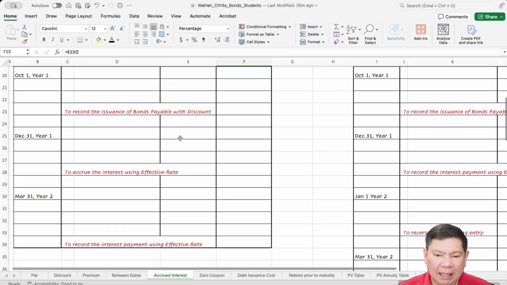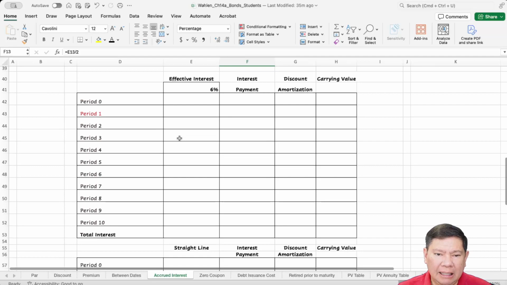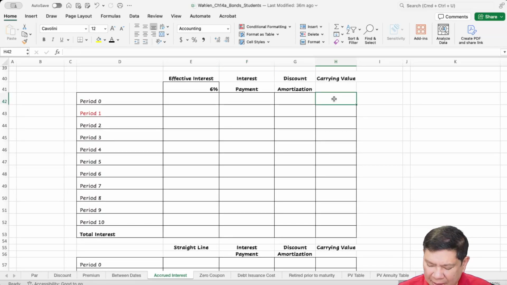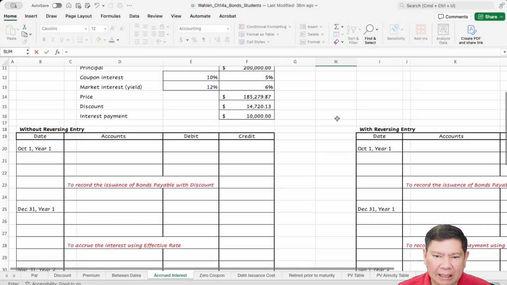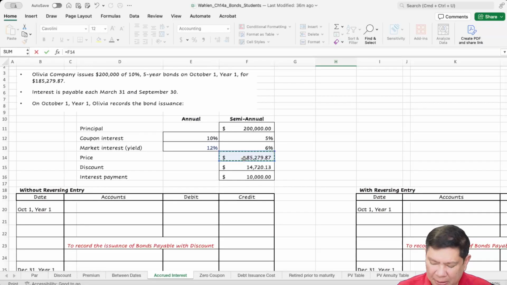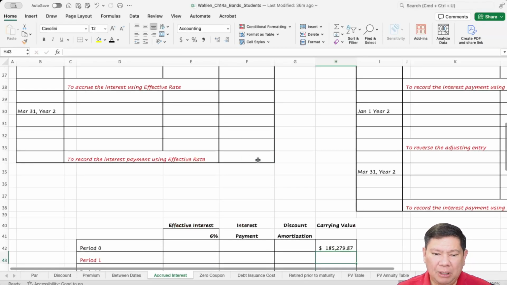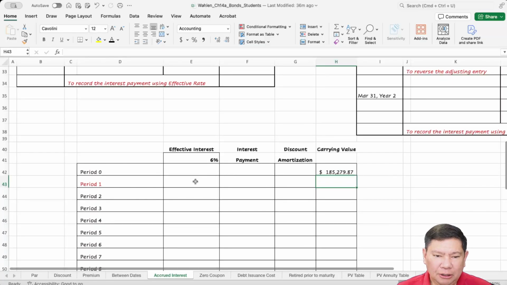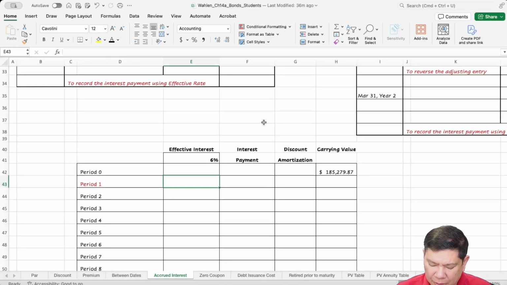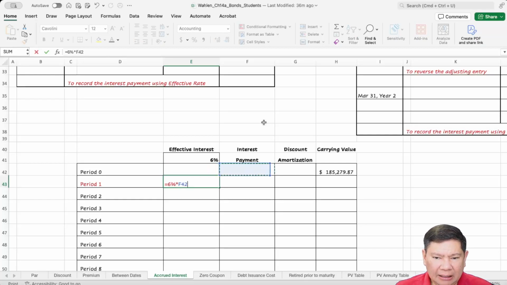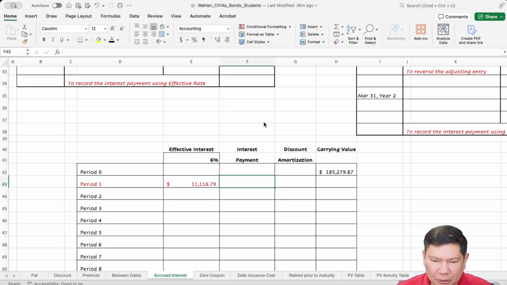Okay, 6% to calculate the interest expense, and the carrying value is going to be the discounted price, the issuing price. So for the first 6 months, we multiply the 6% effective interest rate times the carrying value, which gives 11,116.79. Then the interest payment is going to be $10,000.